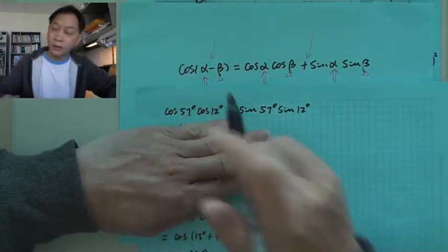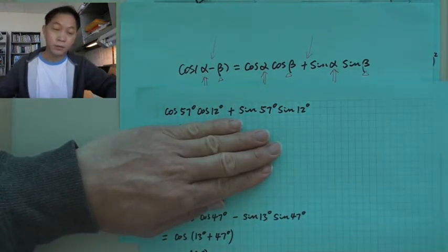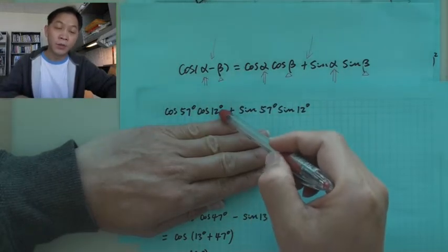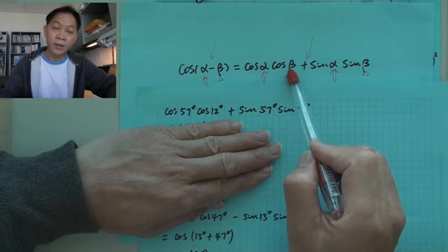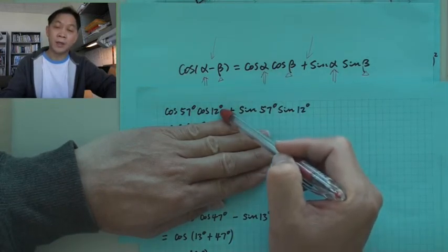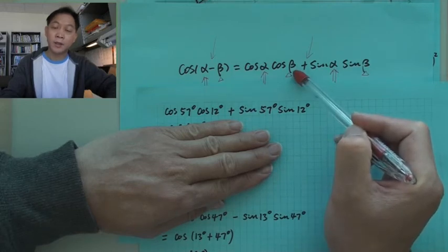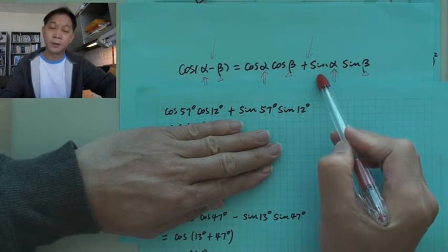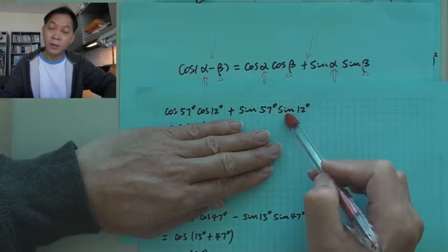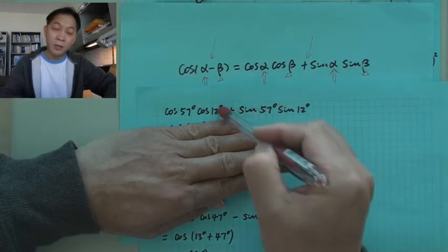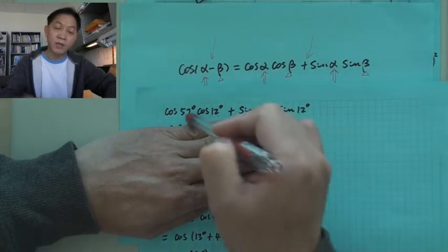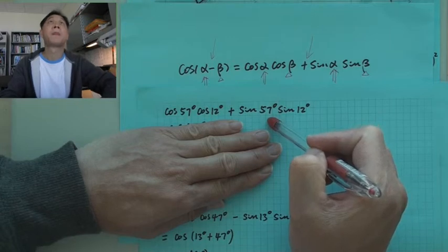This is cosine 57, cosine 12. Cosine cosine is like alpha here, beta here. Sine, sine, alpha here, beta here. So those two must be the same, 12 degrees. 57, 57 must be the same.